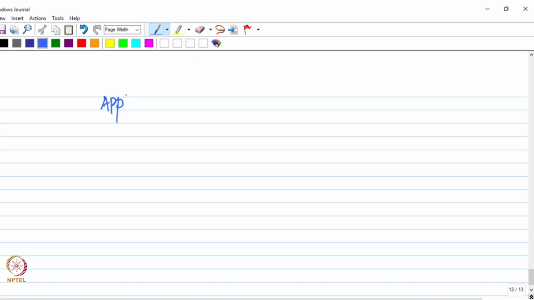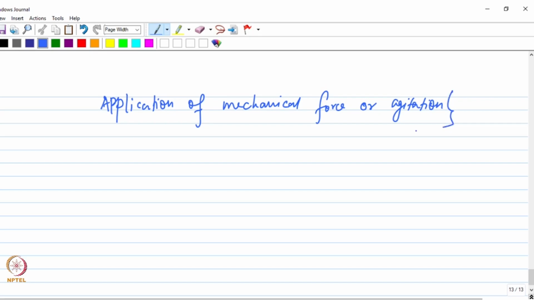application of some mechanical force through which you can actually refine the grain size. Mechanical force or agitation created in the liquid metal. Okay, so once you melt the material, you provide some mechanical force to agitate the melt.